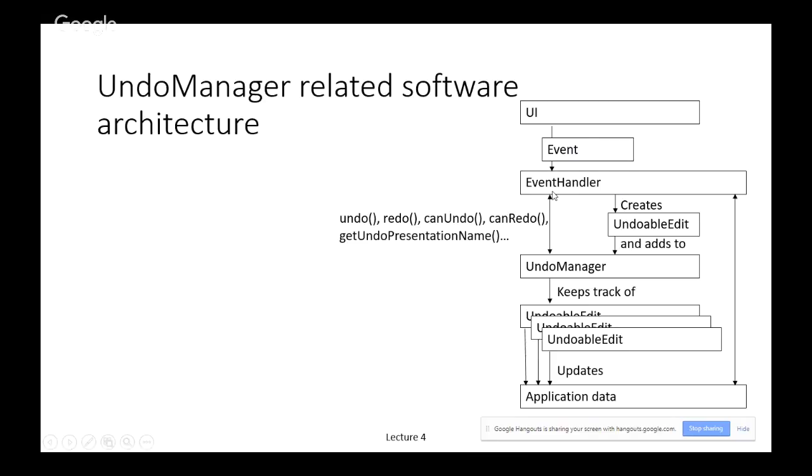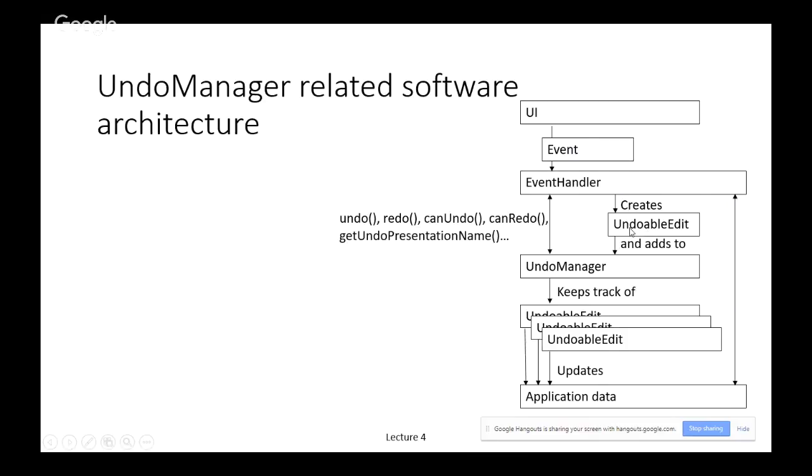If it's an undo selection or redo selection, then your event handler can just use UndoManager. UndoManager keeps track of these undoable edits, and these undoable edits do changes to the application data. Also, you can of course directly do it here at the same time that you are doing the undoable edit, but it's of course possible to remove this arrow directly, at least when it comes to the editing operations.